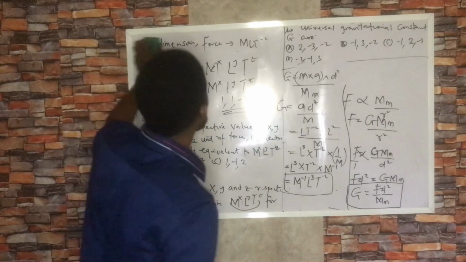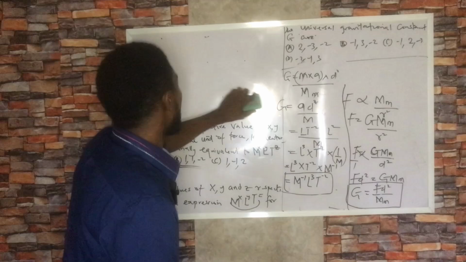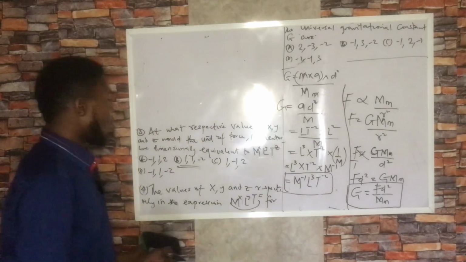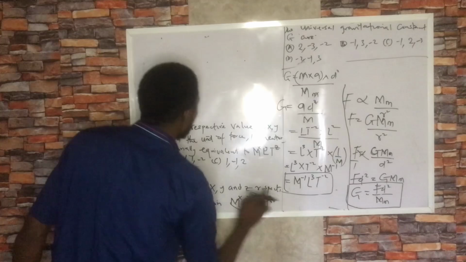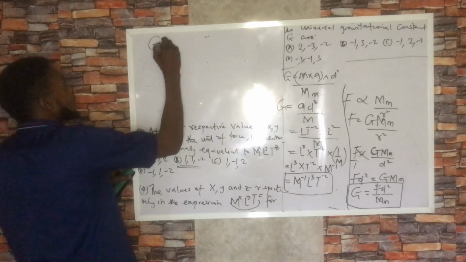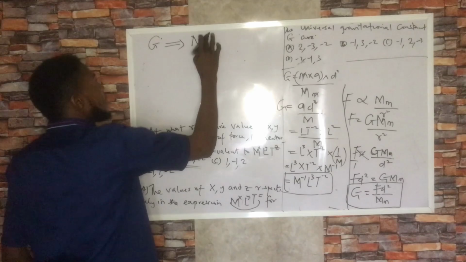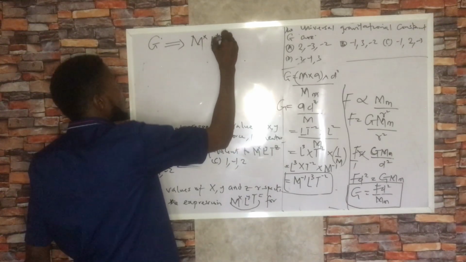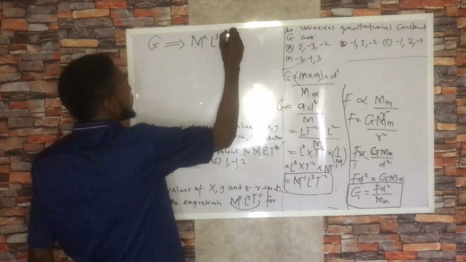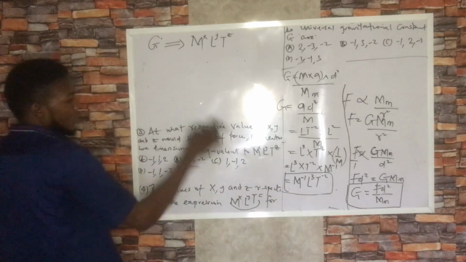Now, what do you do in this case? The next thing to do is you now want to compare. You compare their powers. This is an expression, this is another expression. So you bring this in and say G is M raised power X, N raised power Y, T raised power Z. Then you bring this in for G, your dimension.